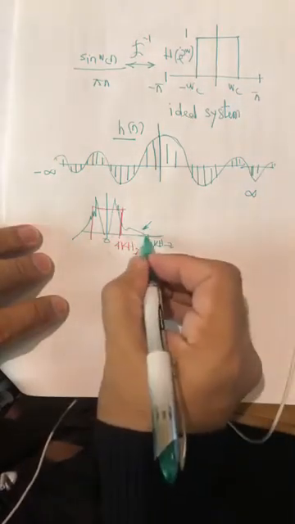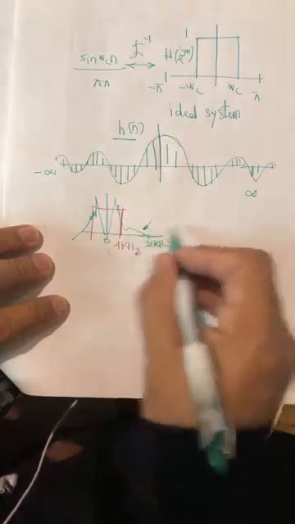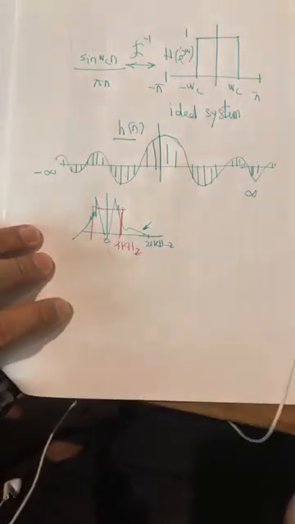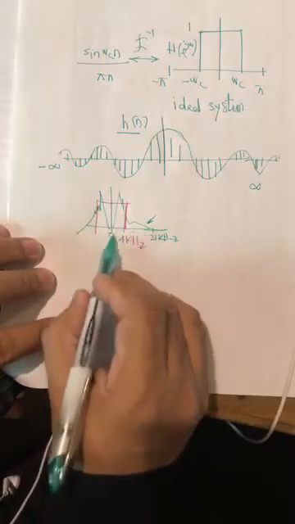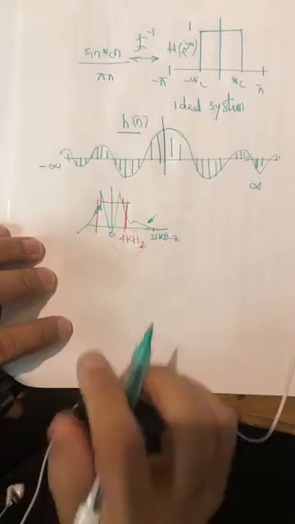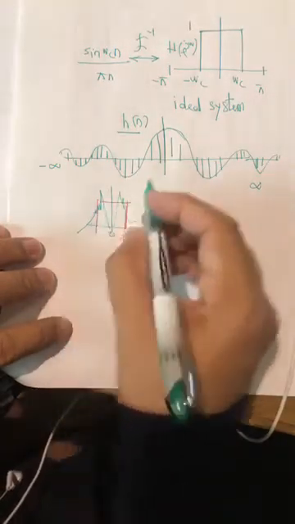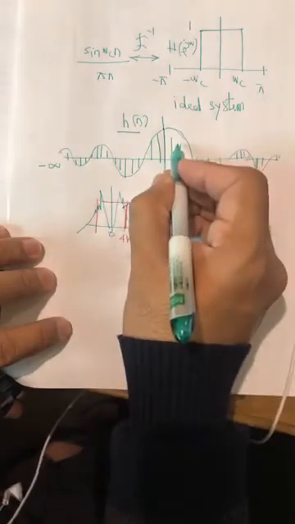For high quality music you need to keep these high frequencies. But if you only care about voice communication, all our exchanges only keep the spectrum from 0 to 4 kilohertz. So you have to pass this voice through an h of n, which is this.